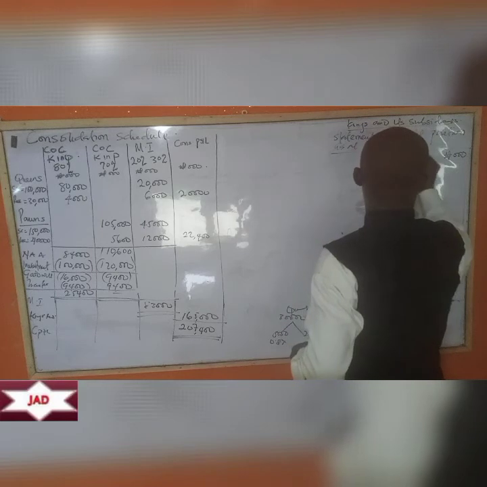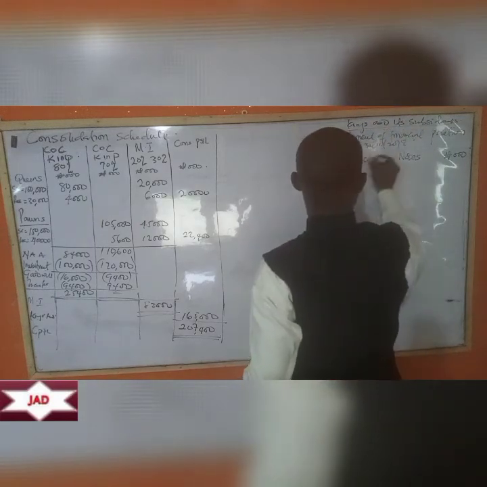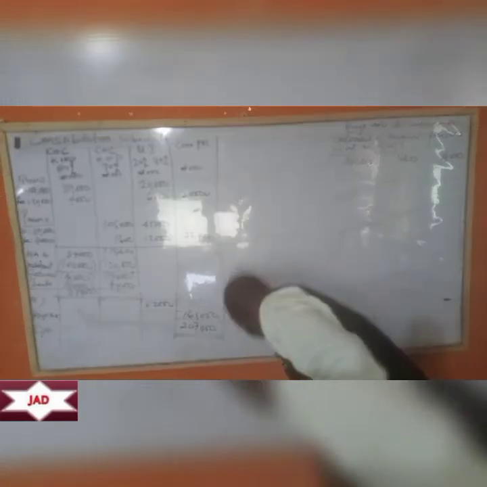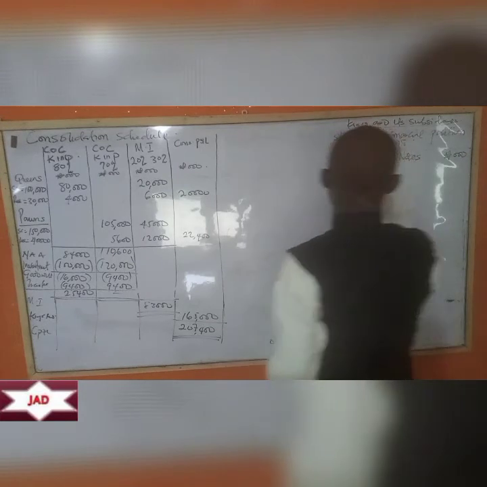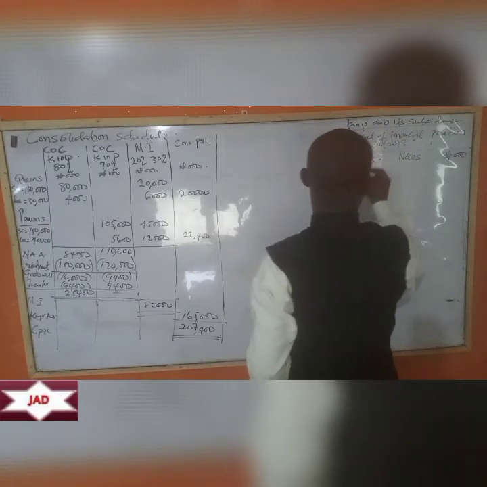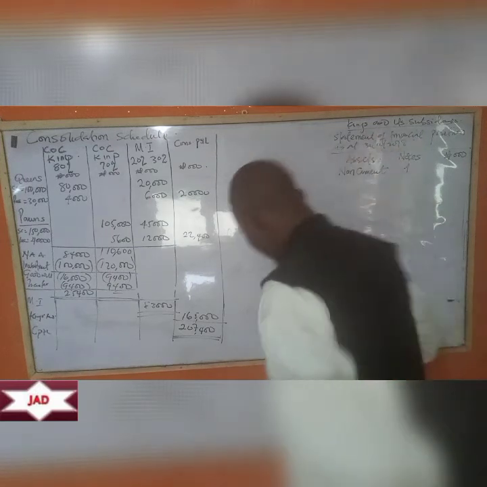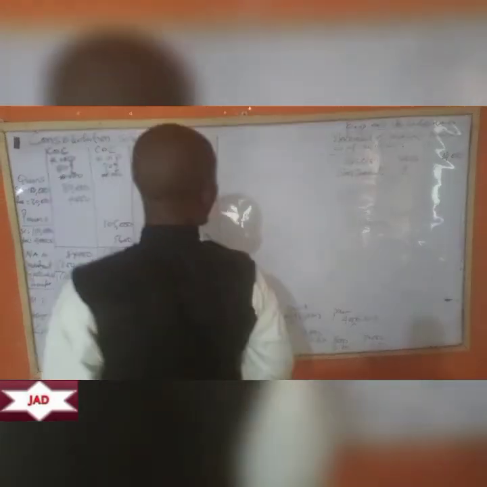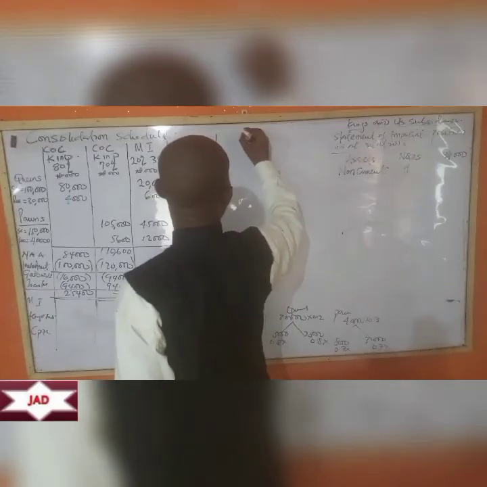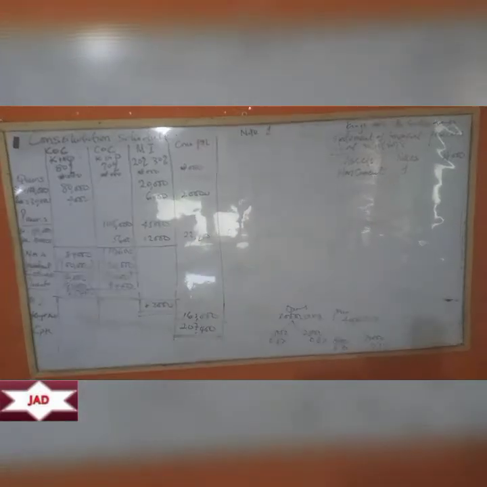So we have notes here. These are our assets. So let's say non-current, note 1. So let's put note 1 here. So what are the non-current, the fixed asset items, like non-current asset items?